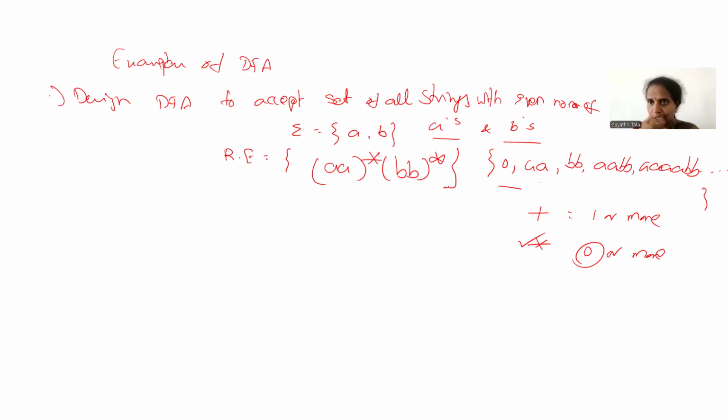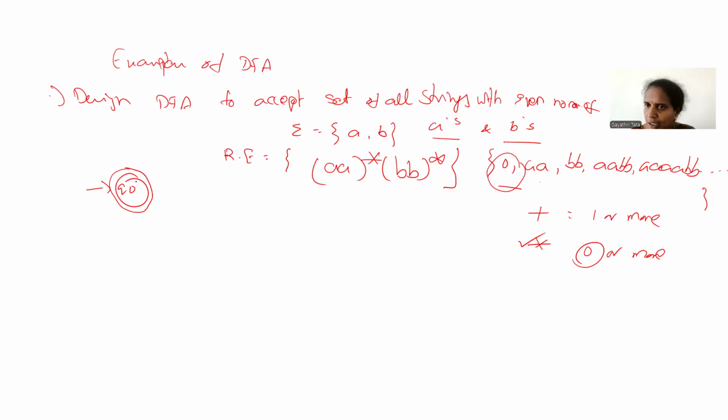Now we see how to design the automata. I start from one state, that is Q0, my initial state. What is our first possible string? Zero, meaning without reading anything we have to reach the final state. So in this example, it is both the initial state and the final state.